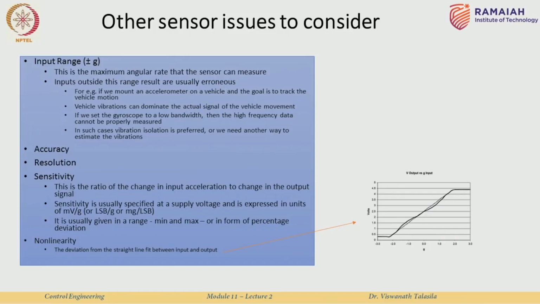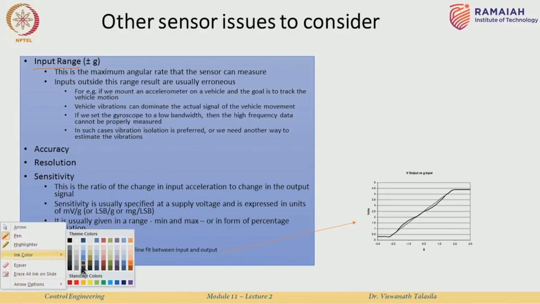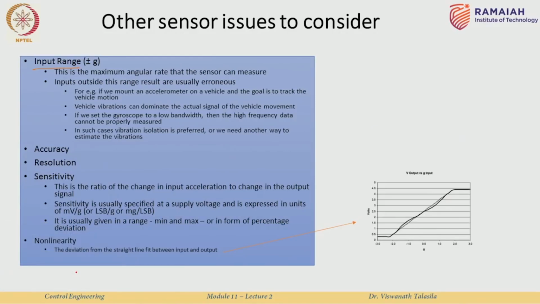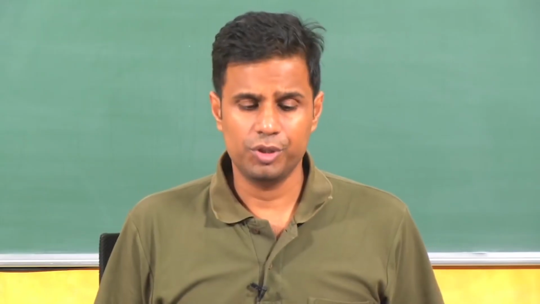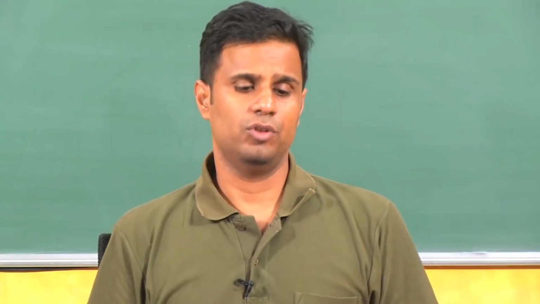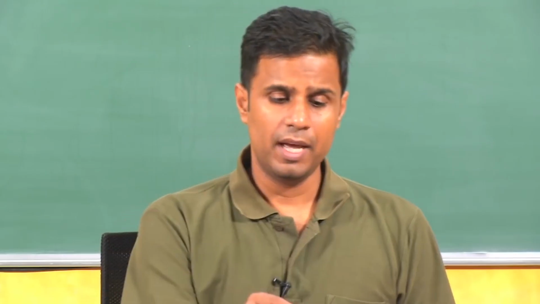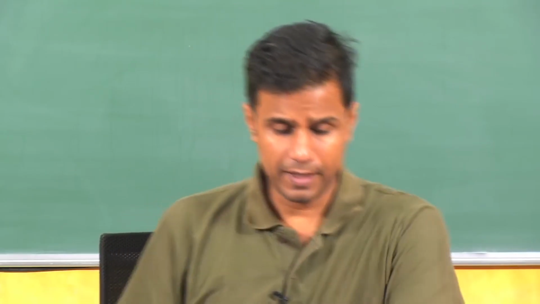Finally, while I will not spend too much time on these, it is important for everyone to realize this. The input range is very important. For high speed dynamic motion you would require a high bandwidth gyroscope or accelerometer. For a low speed or low dynamics motion you would require a low bandwidth accelerometer or gyroscope, and the range actually determines that.